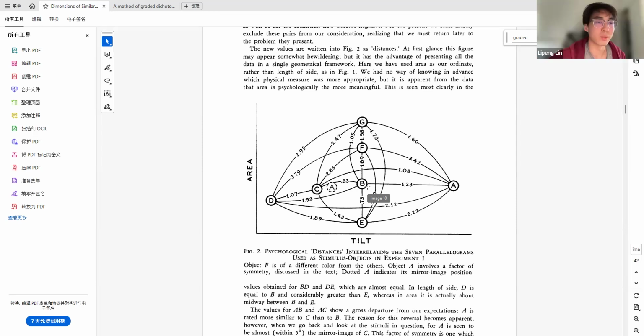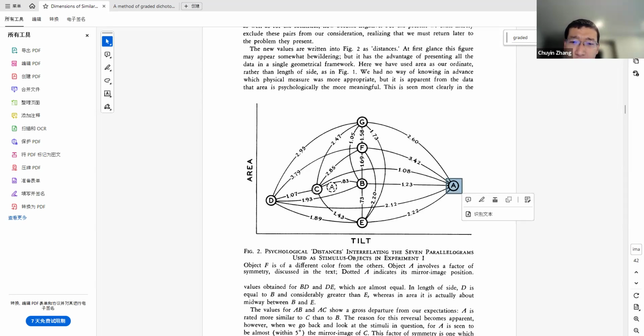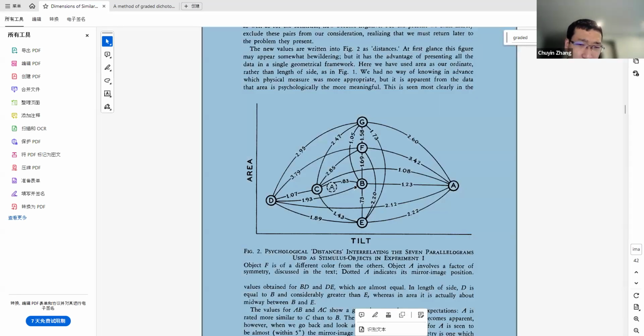Yes, and figure 2 indicates that we cannot accept the Euclidean distance hypothesis. So this author jumps into another hypothesis, which is additive. Wait, sorry, that's the distance from A to C equals the sum of the distance from A to B and B to C, an assumption of Euclidean distance.